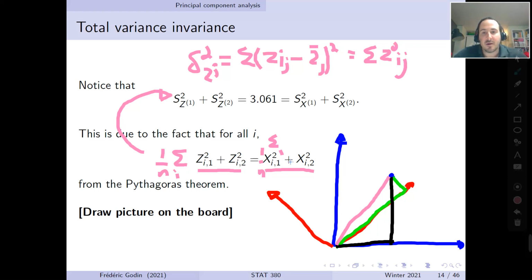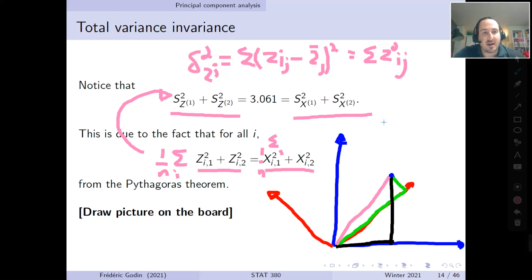So we can see that when we sum here and here, on the left side we have the sum of variances of all coordinates for the new set of axes, and on the right side we have the sum of variances of coordinates within the first set of axes. So basically what this says is, regardless of what set of coordinates we use, if we use an orthonormal basis, then the sum of variance of coordinates will remain exactly the same, so it will be invariant to the choice of coordinates.